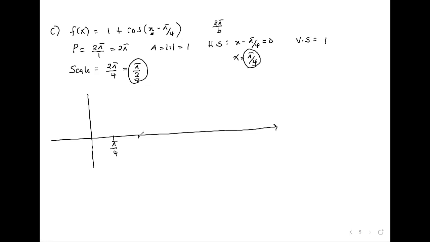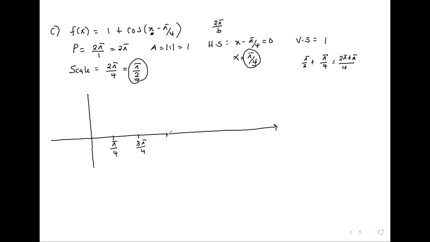The common denominator is 4, and then 2 there, we get 2 pi plus pi. That gives us 3 pi over 4.